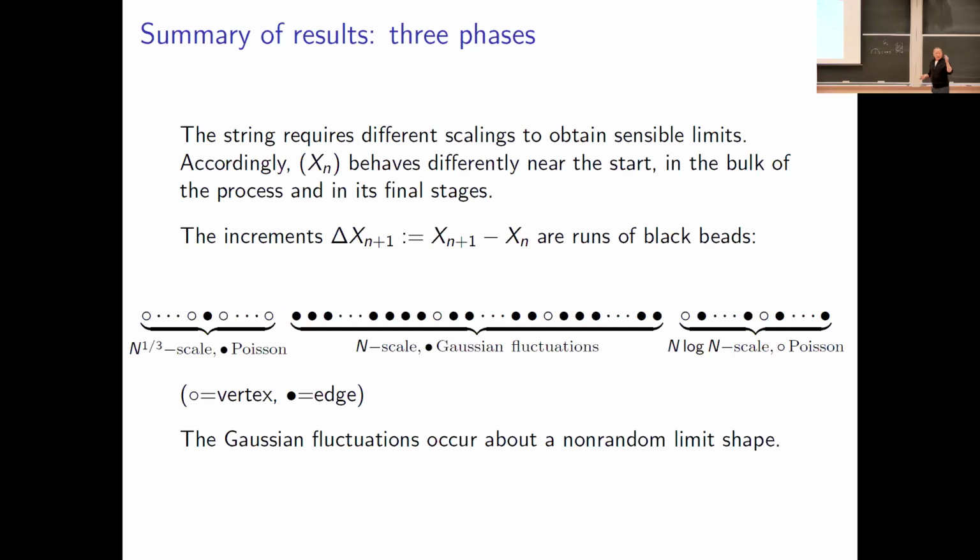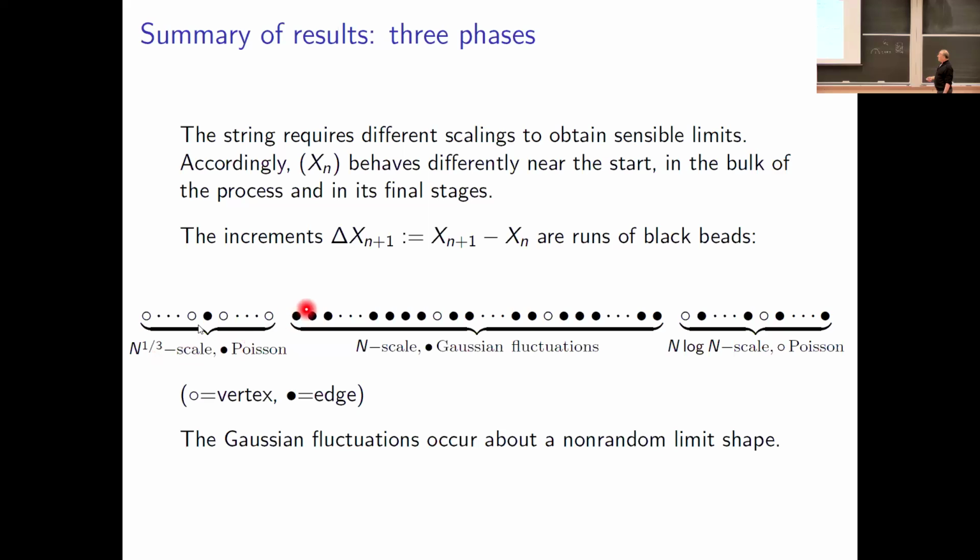Okay, now following Jim's tradition, I will do a summary of results. If you look at this string of white and black beads and look for some limit shape of the string as n goes to infinity, then it can be divided in 3 phases.